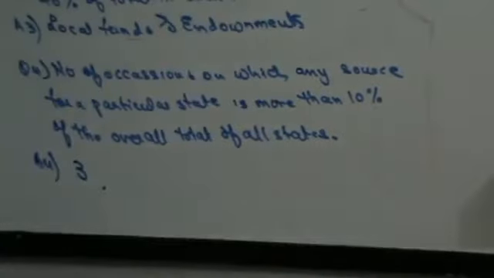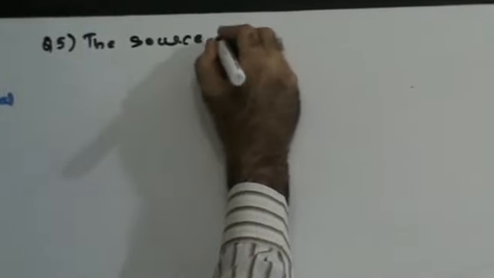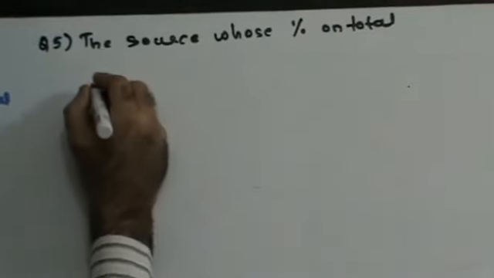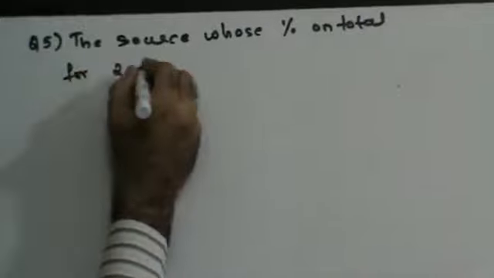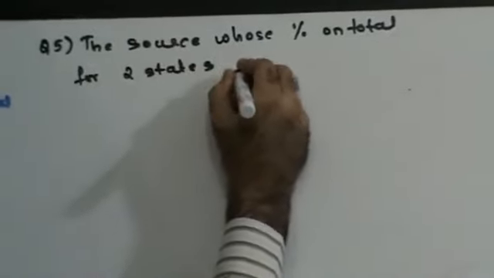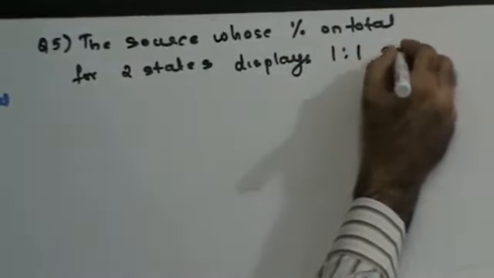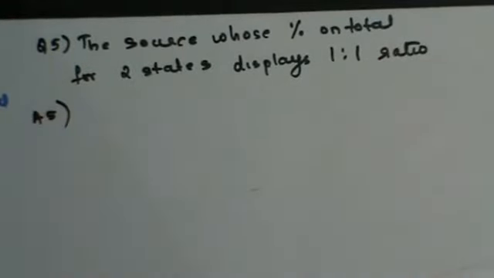Right? Next, the source whose percentage on total for 2 states displays a 1:1 ratio. For 2 states I need similar ratio.